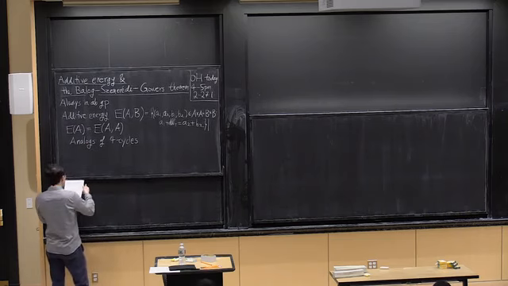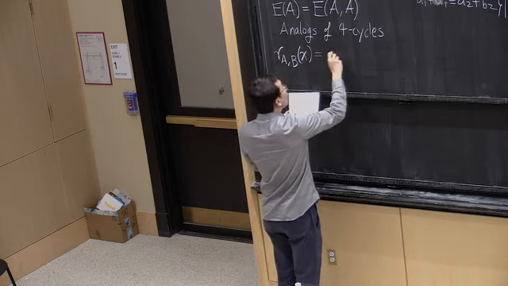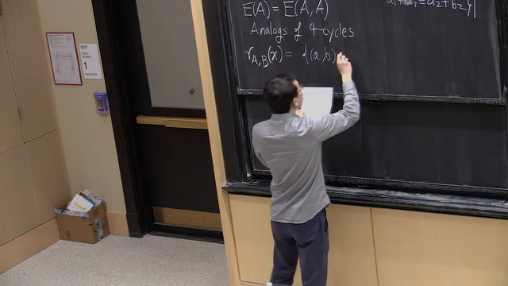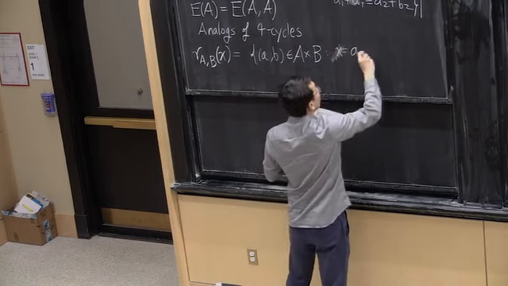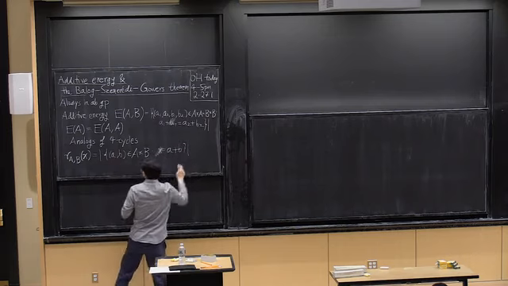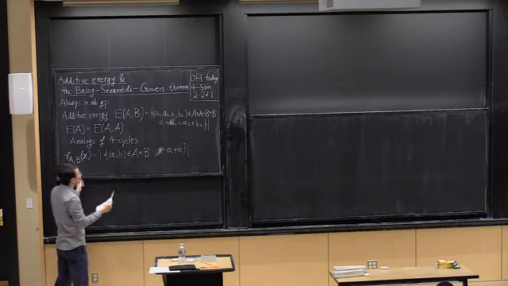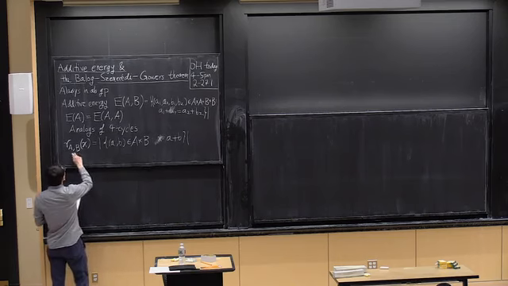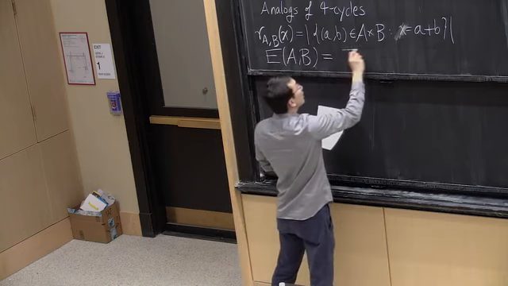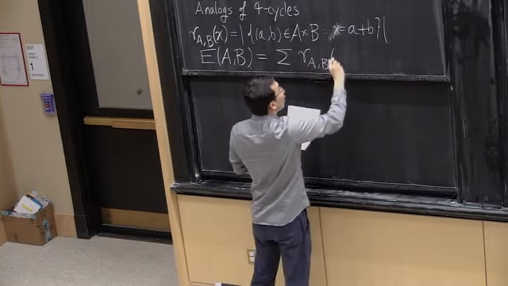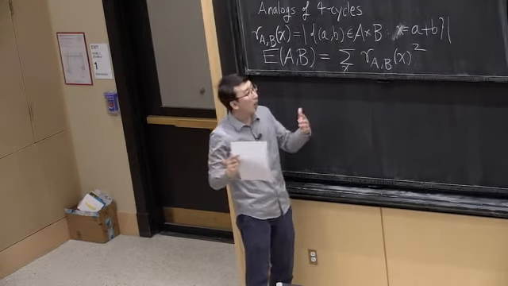Consider the following quantity. We're going to let R sub A,B of x be the number of ways to write x as a plus b, where a comes from big A and little b comes from big B. Then, reinterpreting the formula up there, we see that the additive energy between two sets A and B is simply the sum of the squares of R sub A,B of x, as x ranges over all elements of the group.